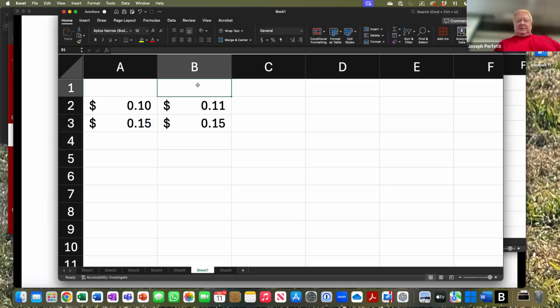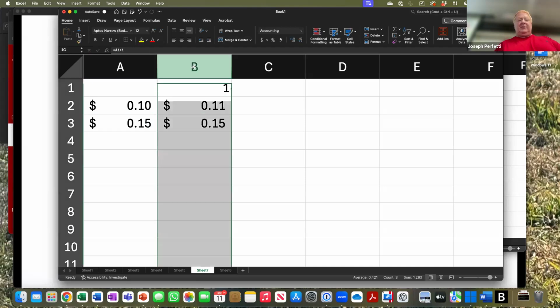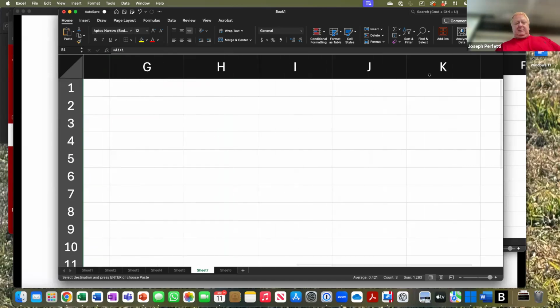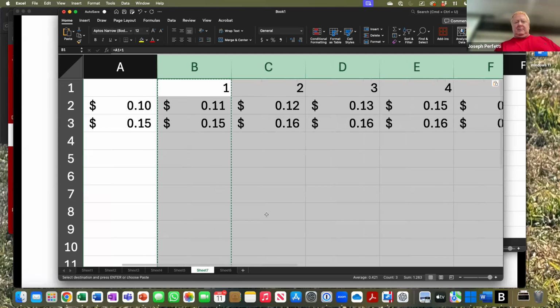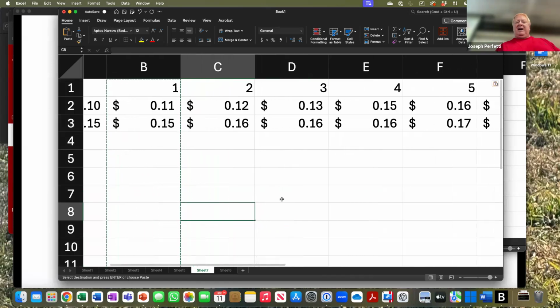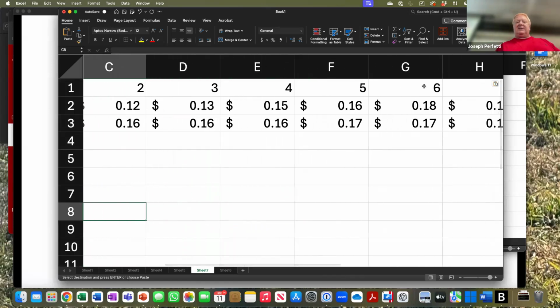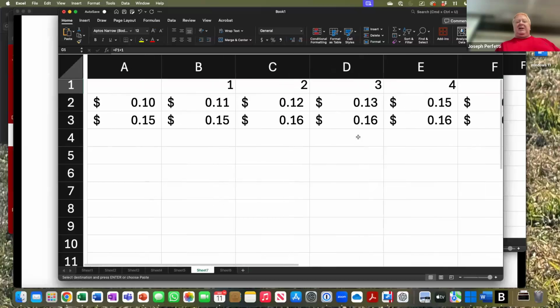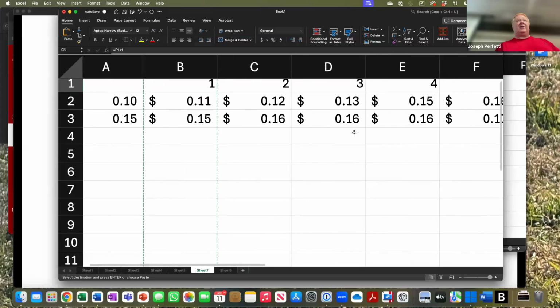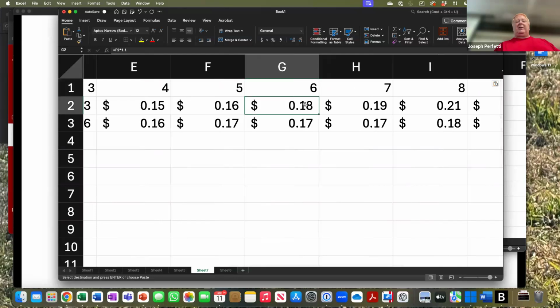So over time, if that continues, by about year 6, the company making 10 cents at 10% growth will actually generate more cash than the company making 15 cents growing at 2% a year.